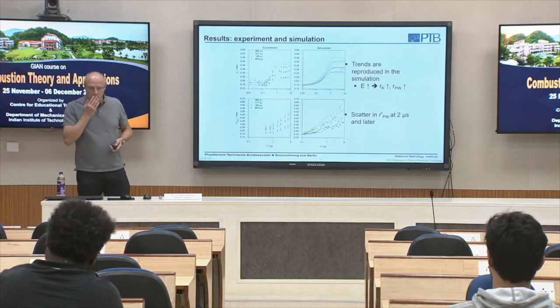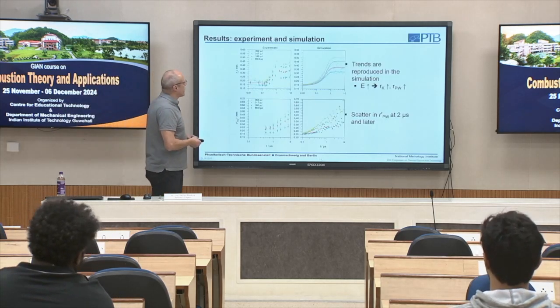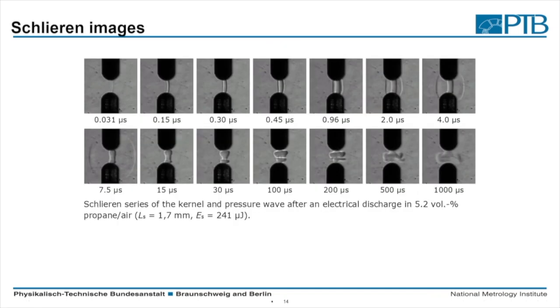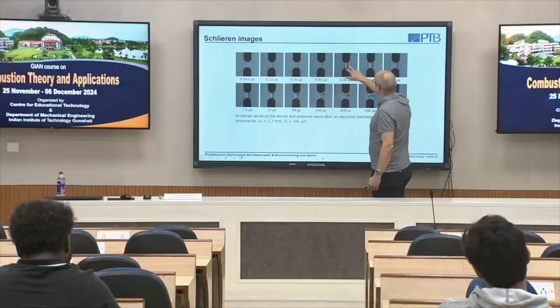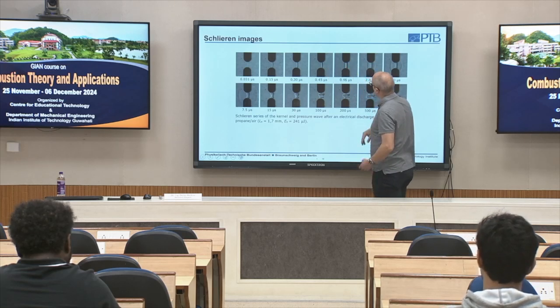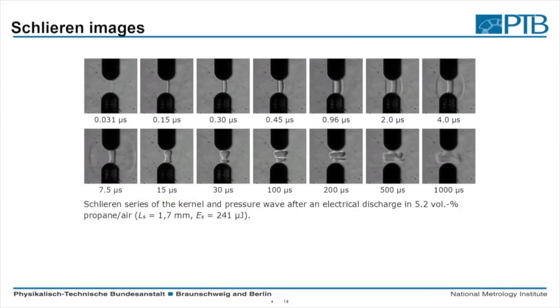So what we can yield from such experiments is the radius of this kernel as a function of time. You may see it here. Here there's a small growth, and after the formation of this pressure wave, it's slightly larger.